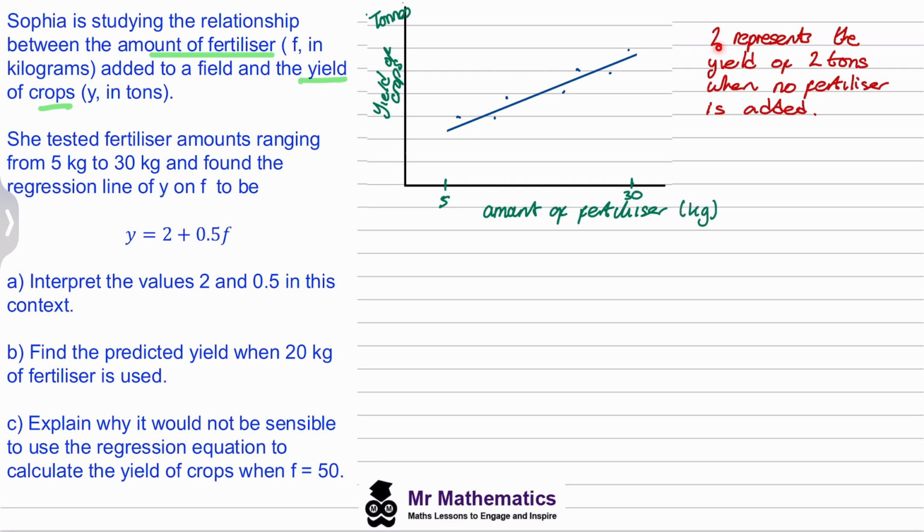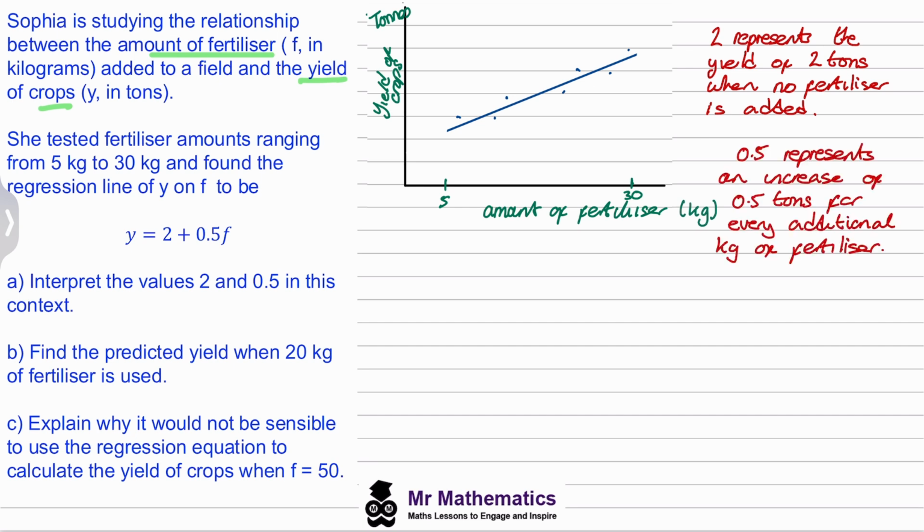So I'll say that the 2 represents the yield of 2 tons when no fertilizer is added. And then the 0.5, well, this is the gradient of this slope. So every time we add 1 more kilogram of fertilizer, we're increasing the yield by 0.5. So I'll say the 0.5 represents an increase of 0.5 tons for every additional kilogram of fertilizer.